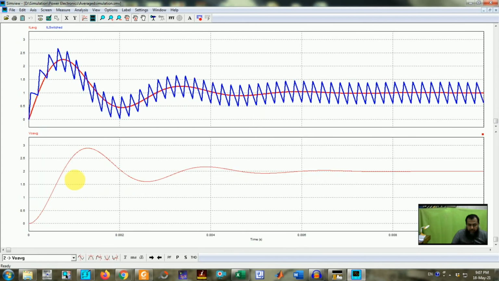As you can see here, we have a transient, and thereafter the waveform is settling at this 2 volt, and this is exactly what was happening in a switched converter. But because of the use of averaging here, the system provides you the average value of this whole switched cycle to cycle variation. And I hope that you have enjoyed this particular lecture.